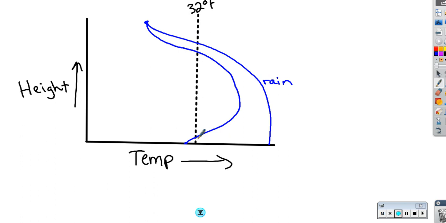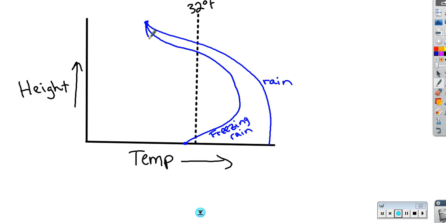So it's likely that this precipitation will hit the ground as rain, but because the surface is below freezing, the rain will freeze on contact, and hence the name freezing rain. So this is the freezing rain profile.